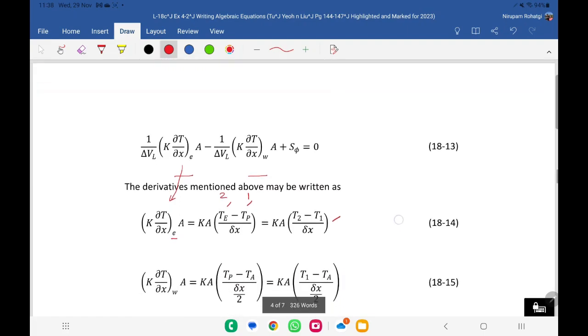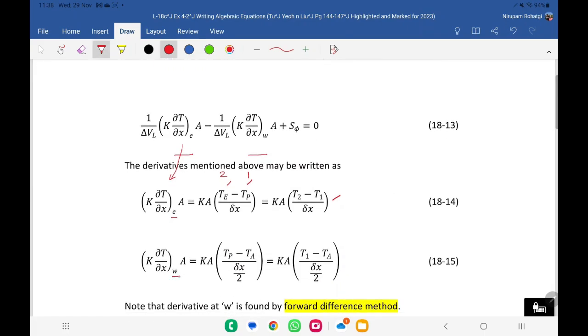Now when you are finding the derivative on the west side, you have to do the forward difference method. Okay, so this will be Tp minus Ta.